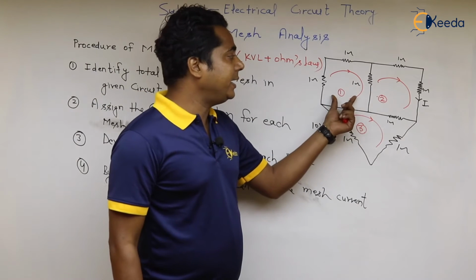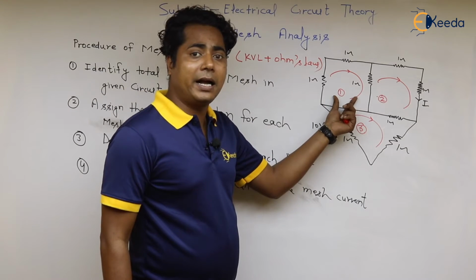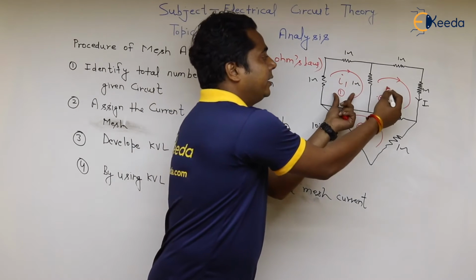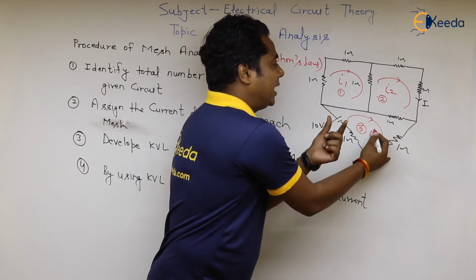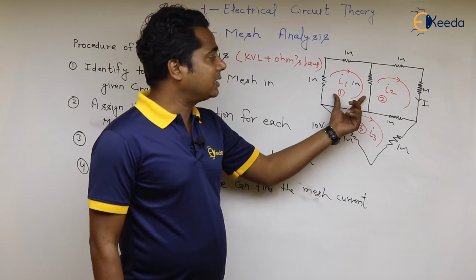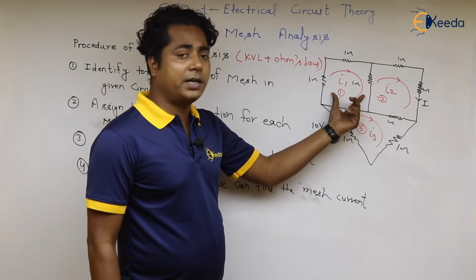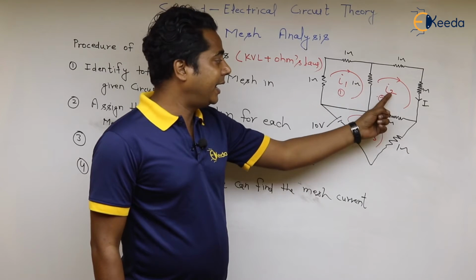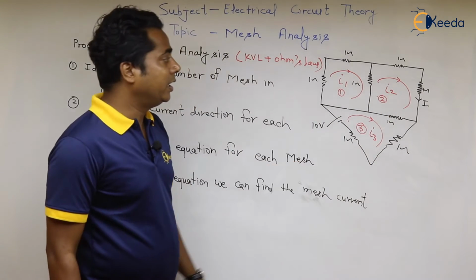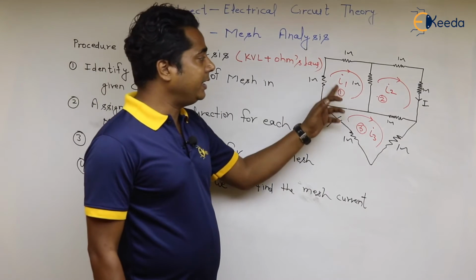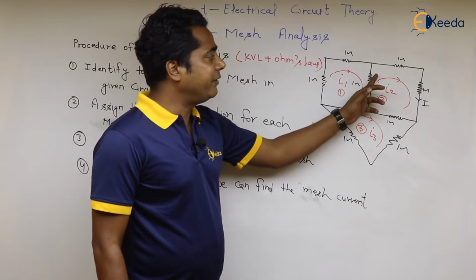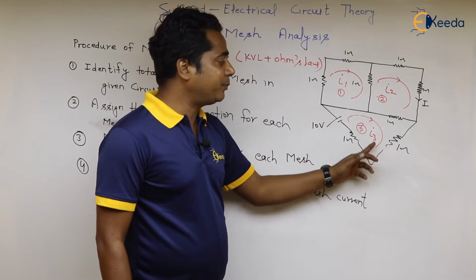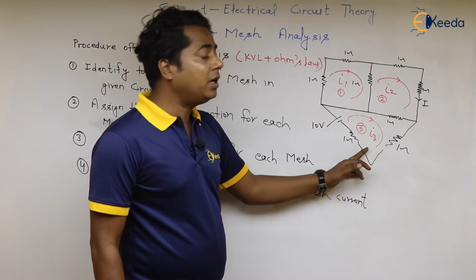Then we will assign a current for each mesh: I1, I2, I3, and we can assign the direction of current whatever direction we want. Then we will apply KVL in the first mesh, KVL in the second mesh and KVL in the third mesh. By this process we can calculate the mesh currents.